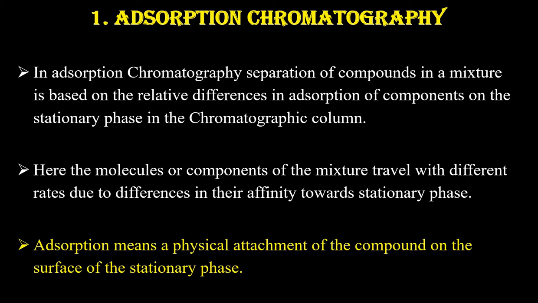Here, the molecules or components of the mixture travel at different rates due to the differences in their affinity towards the stationary phase. Means the differences in the affinity towards the stationary phase are responsible for the traveling rate of the components of the mixture.